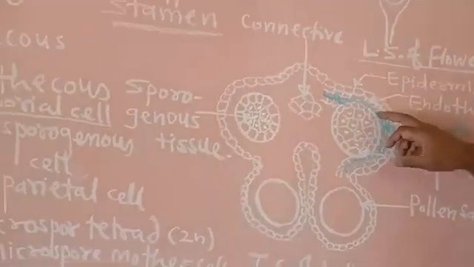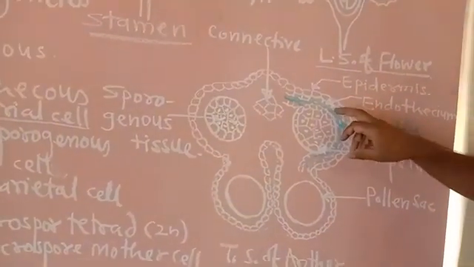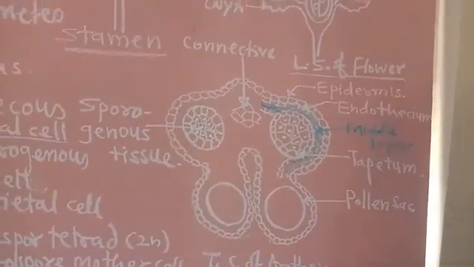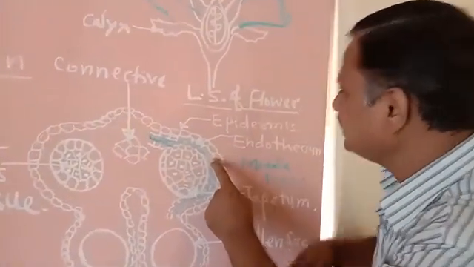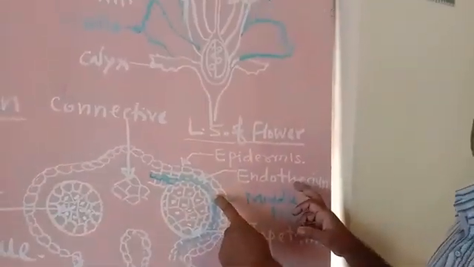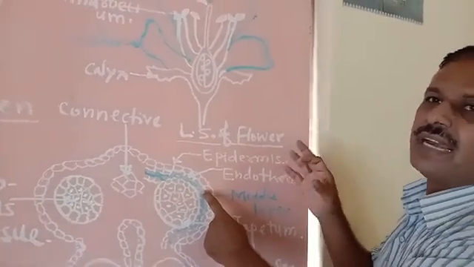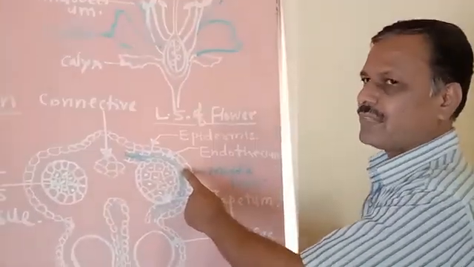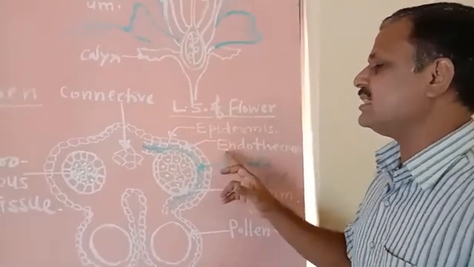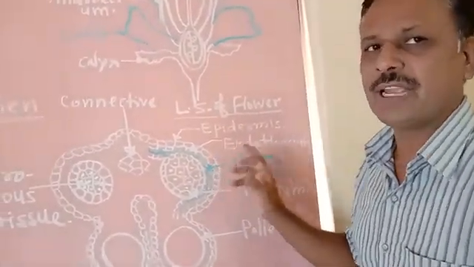This layer is responsible for the dehiscence of the anther wall at maturity.